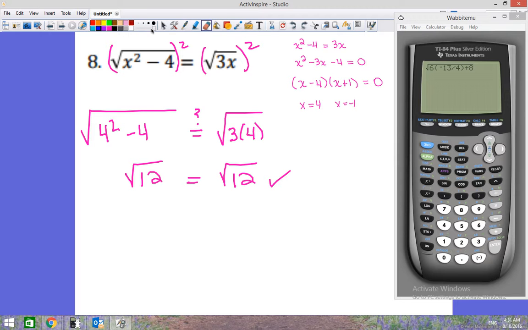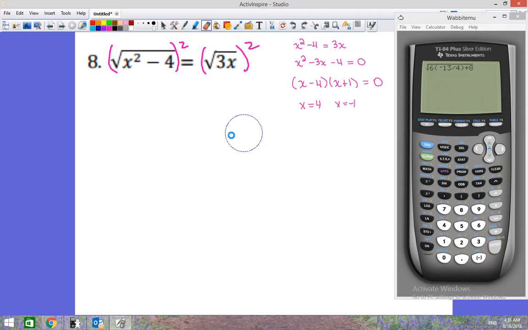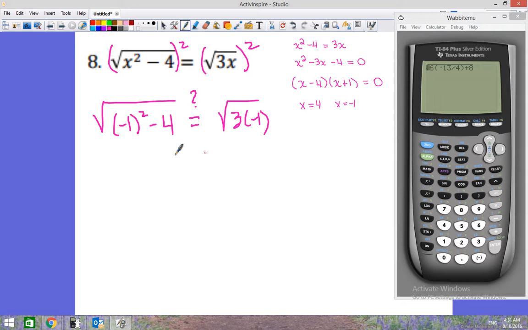Now I can immediately see that this negative 1 is not going to check on the left-hand side. We've got negative 1 squared minus 4, and then on the right-hand side we have 3 times negative 1. So 1 minus 4, that's the square root of a negative number.